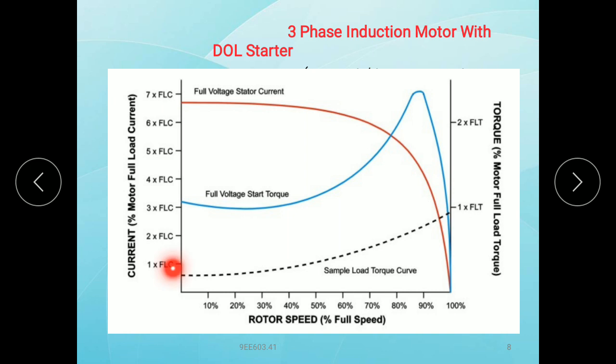Here is the speed variation: this one is stator current, this one is torque, this one also shows the load torque curve, and here is how the current is plotted and how the torque is going.